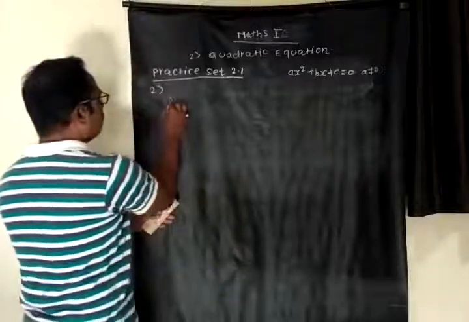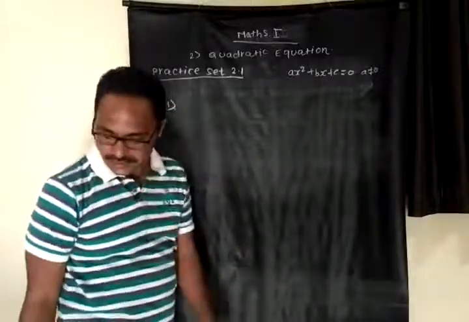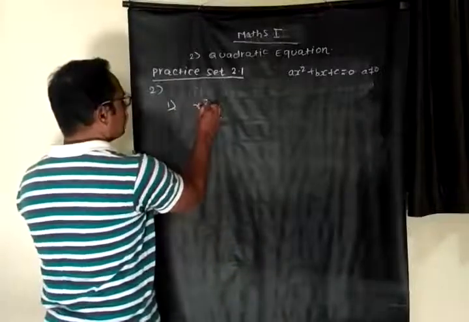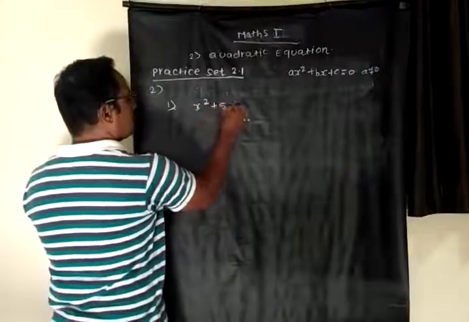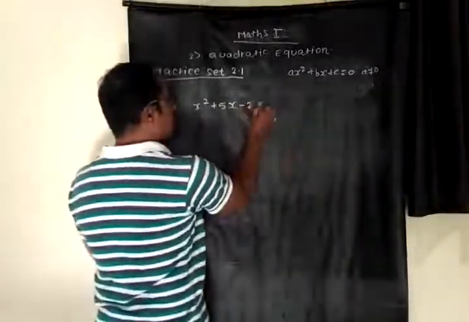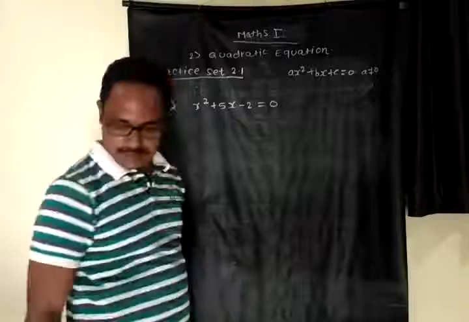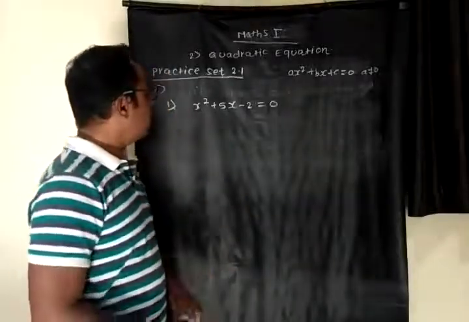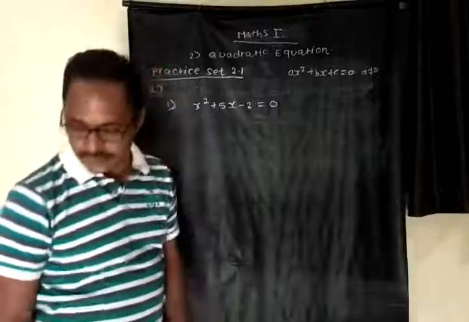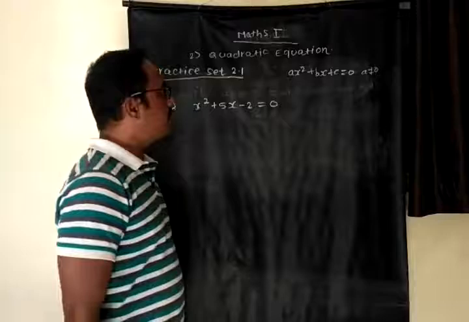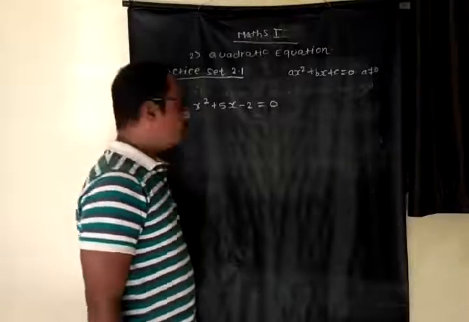The first equation is given as x square plus 5x minus 2 is equal to 0. Now to decide whether this equation is quadratic or not, we will compare it with our standard form, that is ax square plus bx plus c is equal to 0.